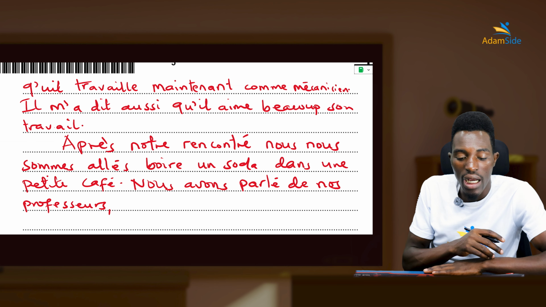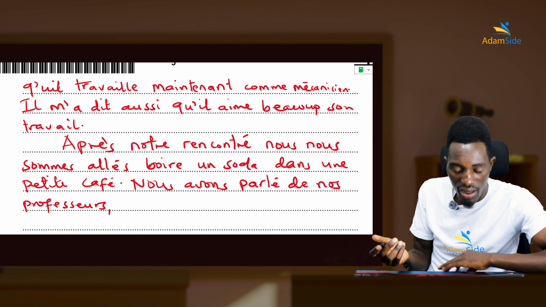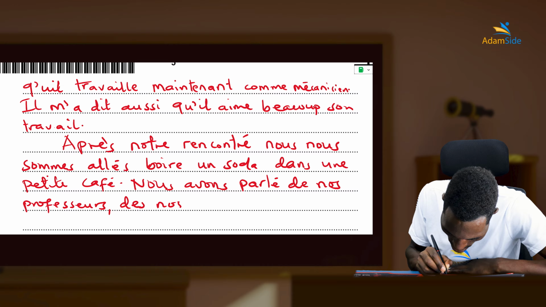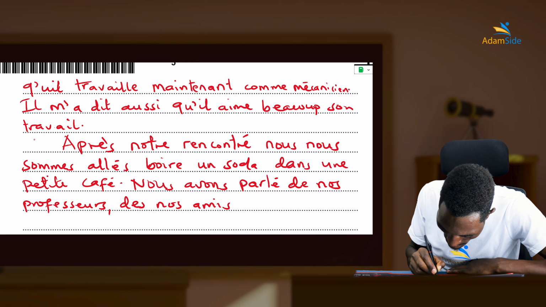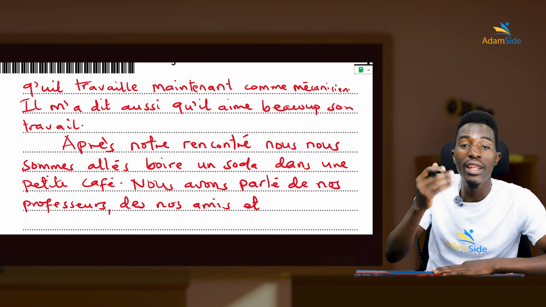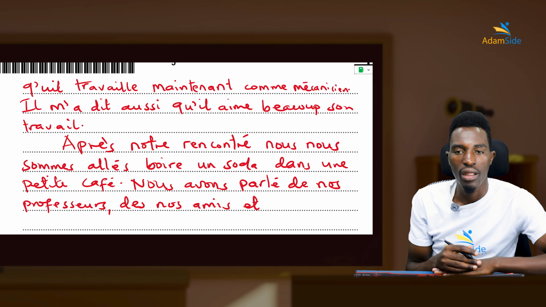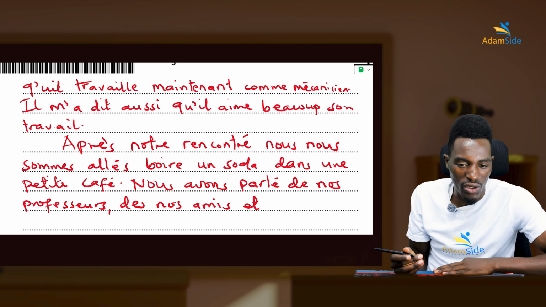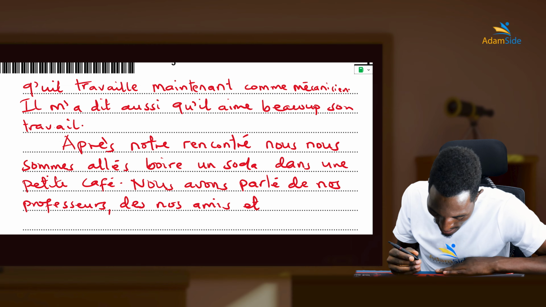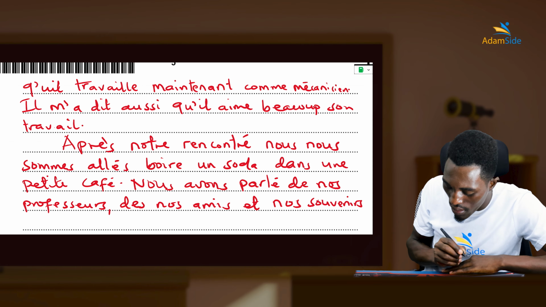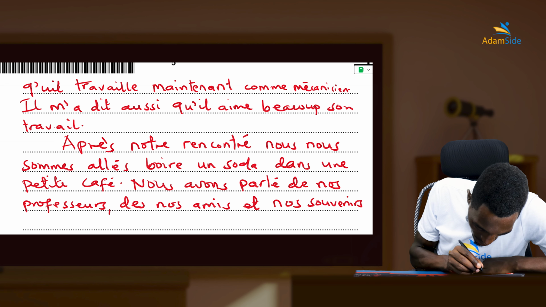Nous avons parlé de nos professeurs. Nous avons parlé de nos amis. Our friends. And maybe about what? Nos souvenirs d'école. About our memories when we were at school together.